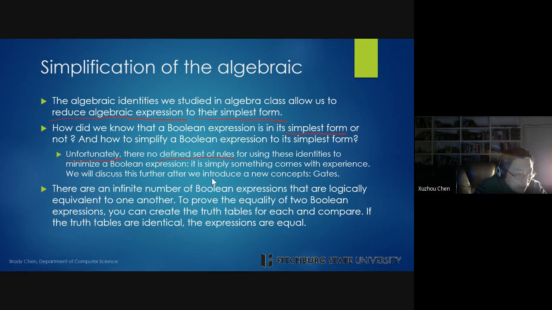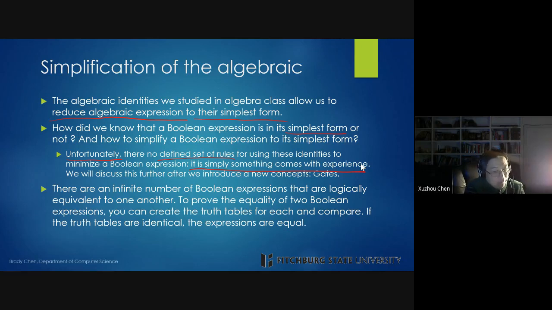Now, what's the best way to do it? Is there any kind of procedure to do this? And the answer is no. Most of this is based on experience. We're going to discuss this later when we apply Boolean algebra to digital electronics.